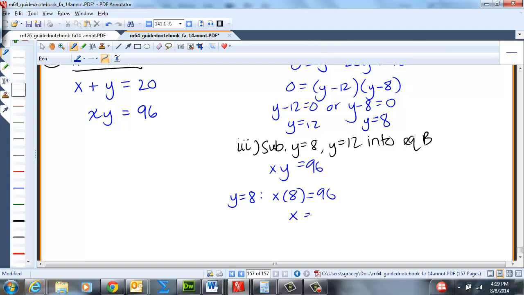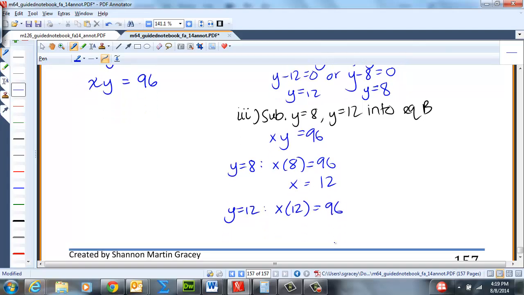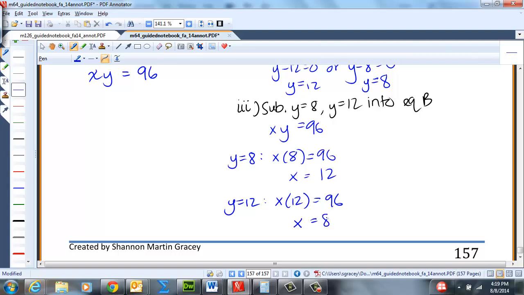So x would be, lo and behold, 12. For y equal to 12, do you see it'll be the other way around? We'd get x times 12 is 96. So x would be equal to 8.